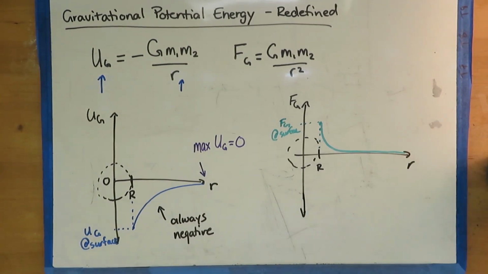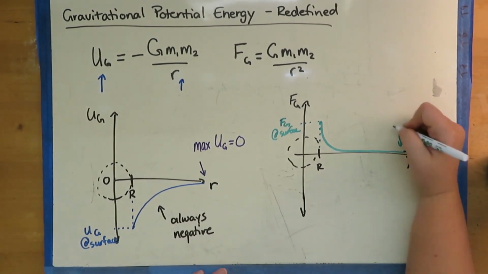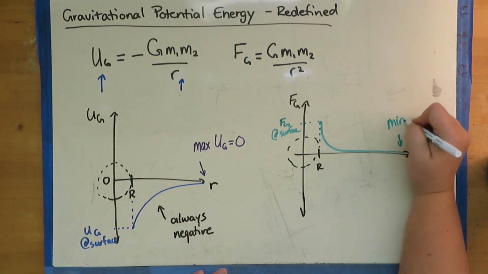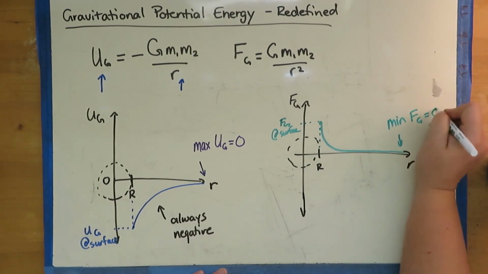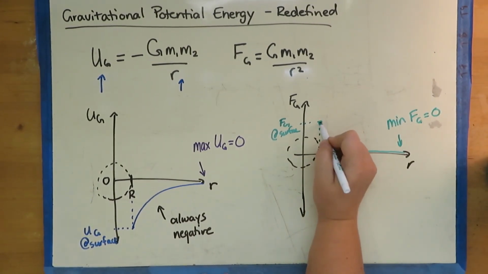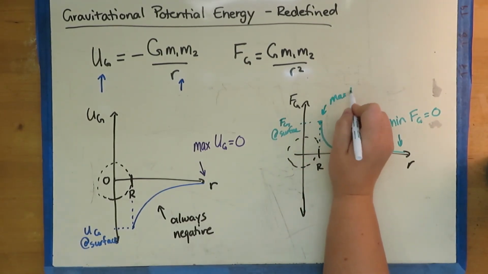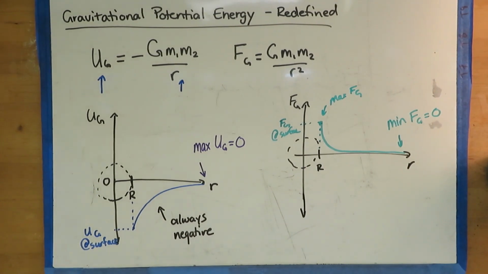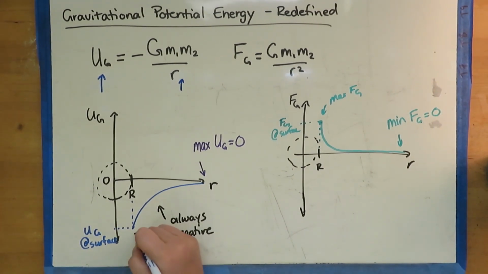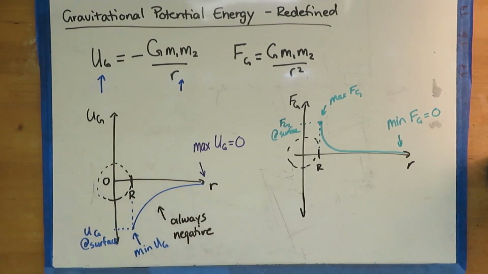This is going to be our minimum, our minimum gravitational force is equal to 0. Okay, this is our maximum force of gravity. So this negative value over here is actually our minimum gravitational potential energy.